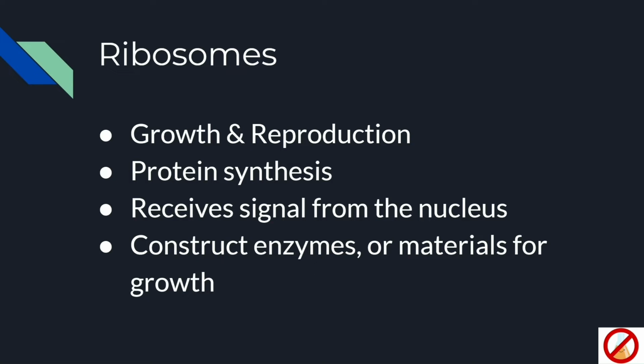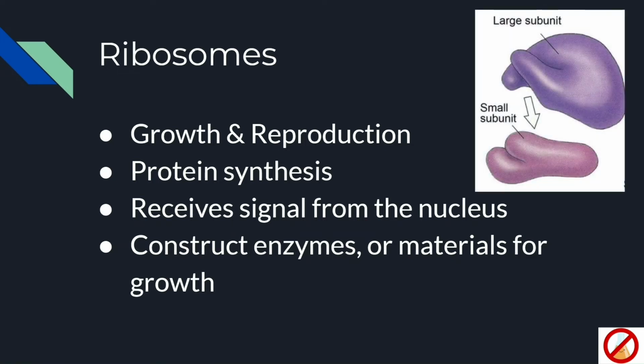So it receives signals from the nucleus, and then it's going to construct a specific type of protein which can later be used, for example, as enzymes or other cell organelles for cell expansion and growth. The ribosome basically looks like this. It's a large subunit with a small subunit, and then they merge together to form a small blob.